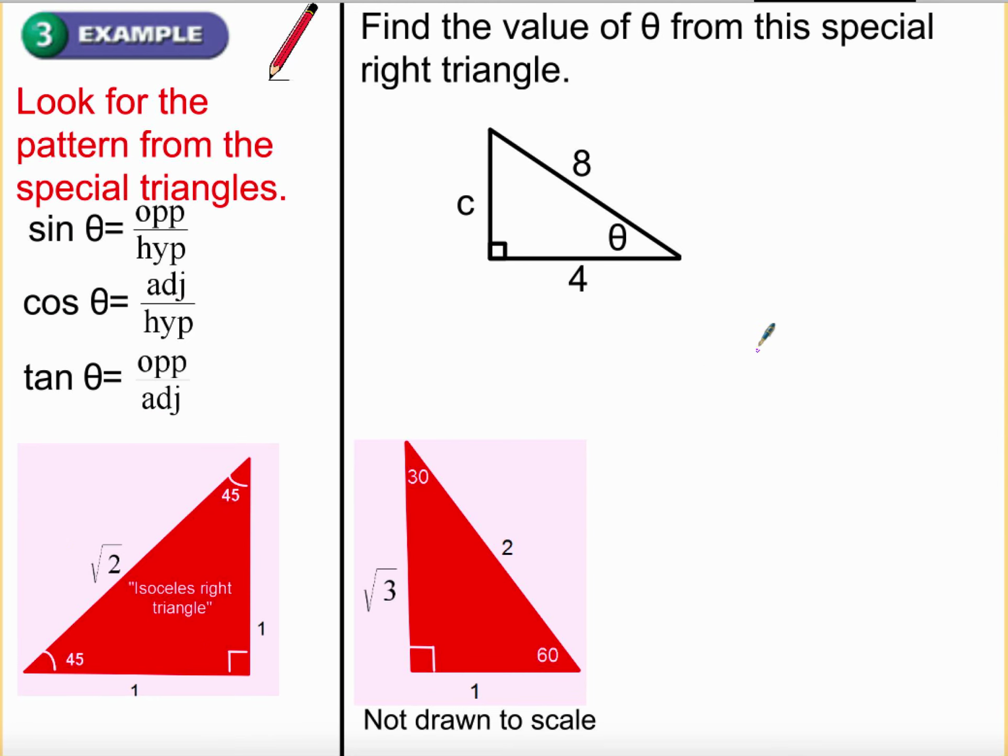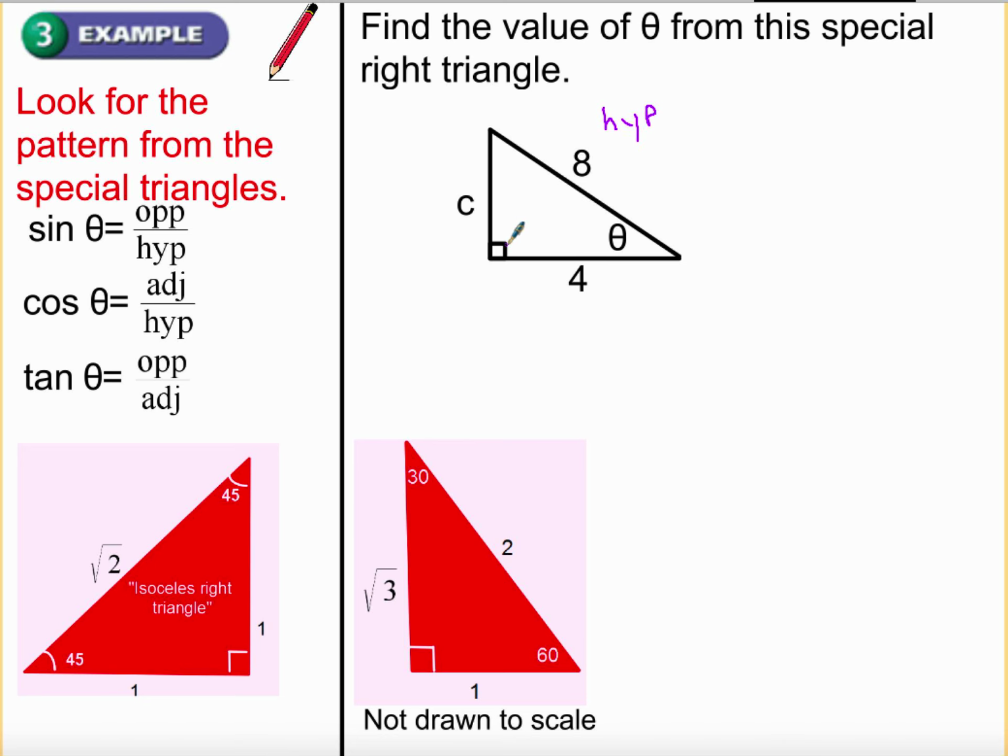All right, how about with example number 3? We're supposed to find the value of theta from this special right triangle. So instead of having an equation like we had on the last one, now we've got this. Well, what do we notice here? Don't forget, these trig functions are ratios. They're fractions. So the only 2 bits of information I know is the hypotenuse, right?